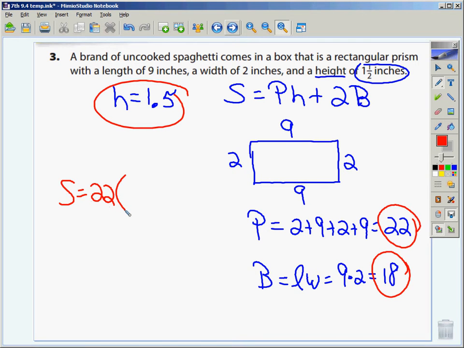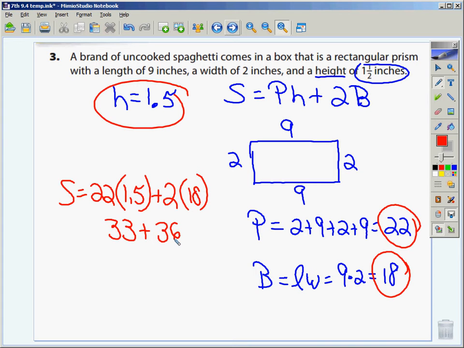What do I put in place of H? 1.5. 2 times, what do I put in place of B? 18. 22 times 1.5, 33. 2 times 18, 36.